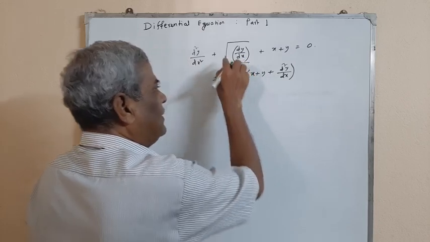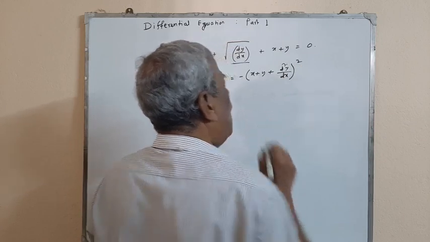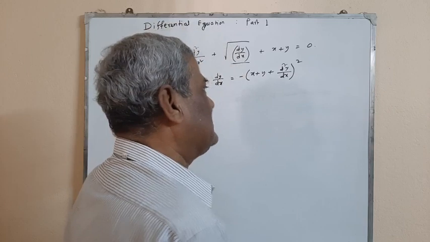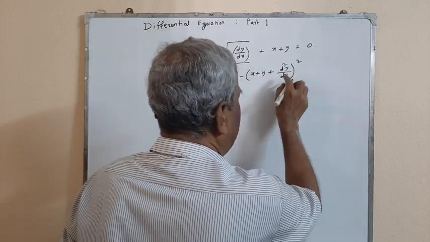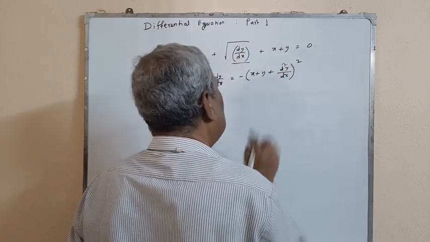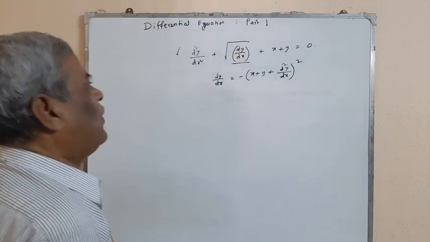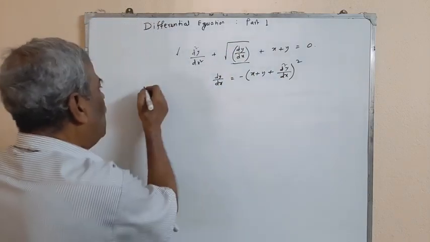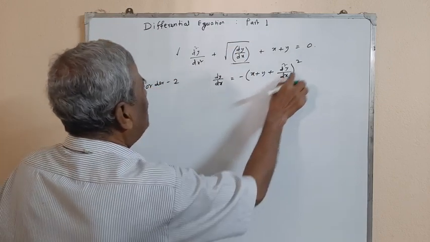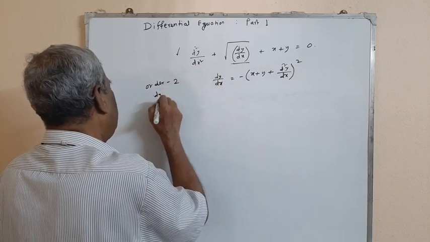So now all powers of derivatives are integers, and the highest order derivative is d2y/dx2. Its power is 2. So now we can say the order is 2 and the degree is also 2.